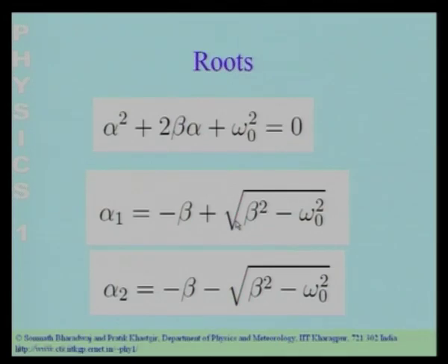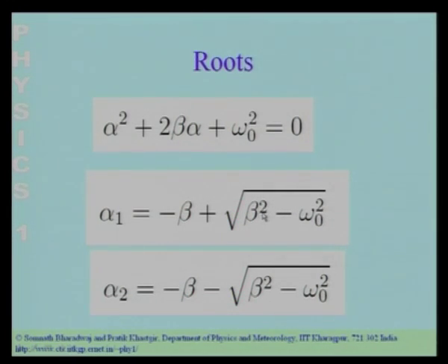Now, if you look at these two roots, you will see that the value of these roots depends crucially on the values of beta and omega naught. Let us first just touch upon the situation where beta is equal to omega naught.